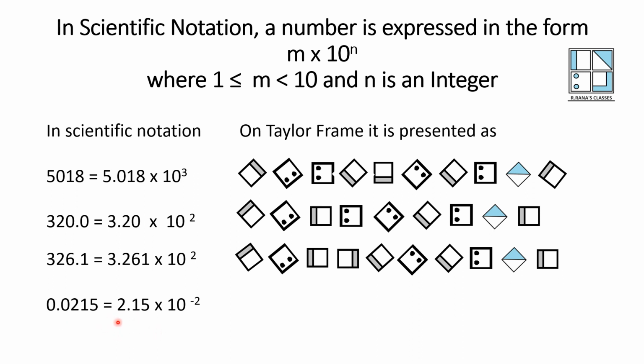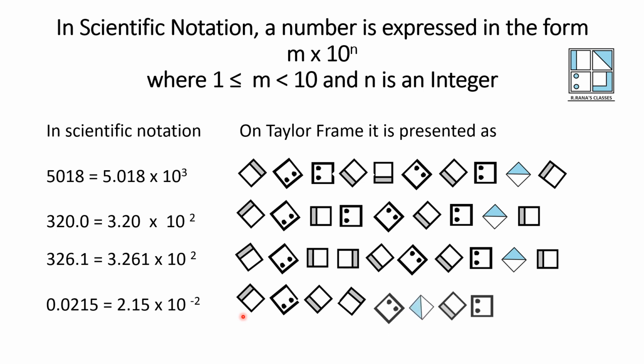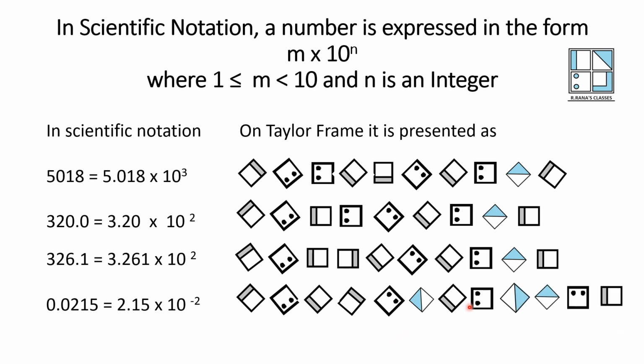So we convert it to 2.15. Now look, we have moved this decimal two places to the right. Therefore, it is 2.15 into 10 raised to power negative 2. On Taylor frame also, it is 2.15 into 10 raised to power negative 2.